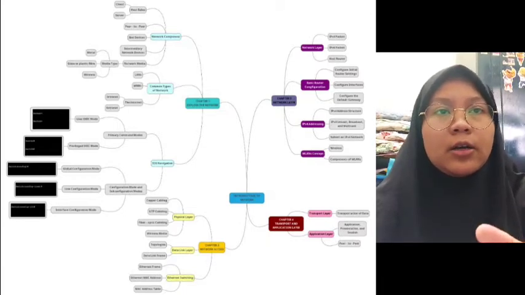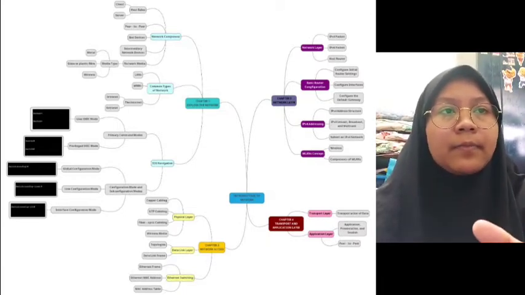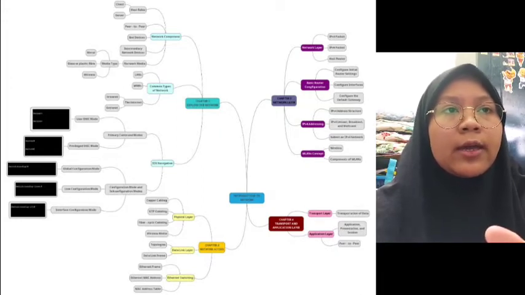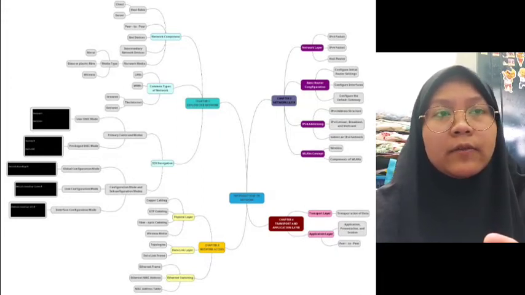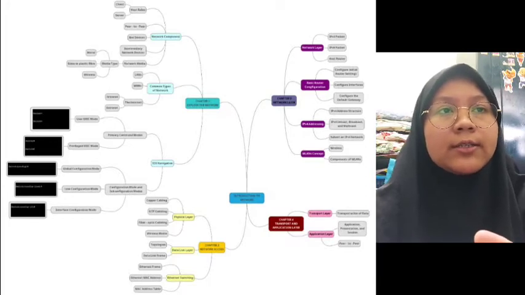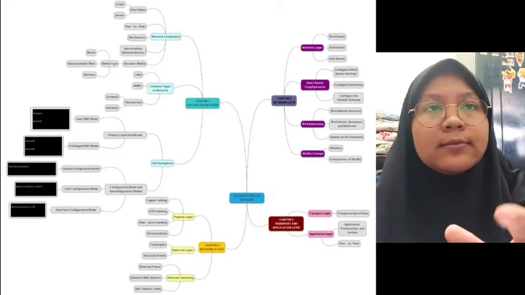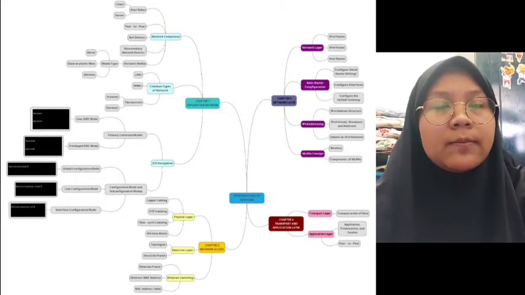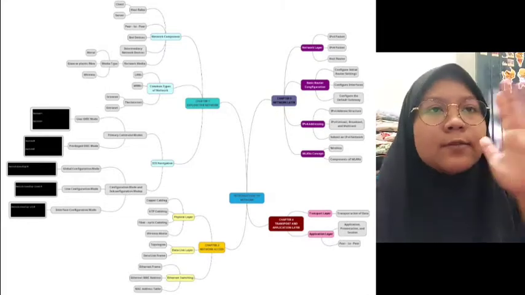Characteristics: physical layer is implemented in hardware and governed by many organizations, including ISO, IEEE, and ITU-T. So that's done about what is physical layer.